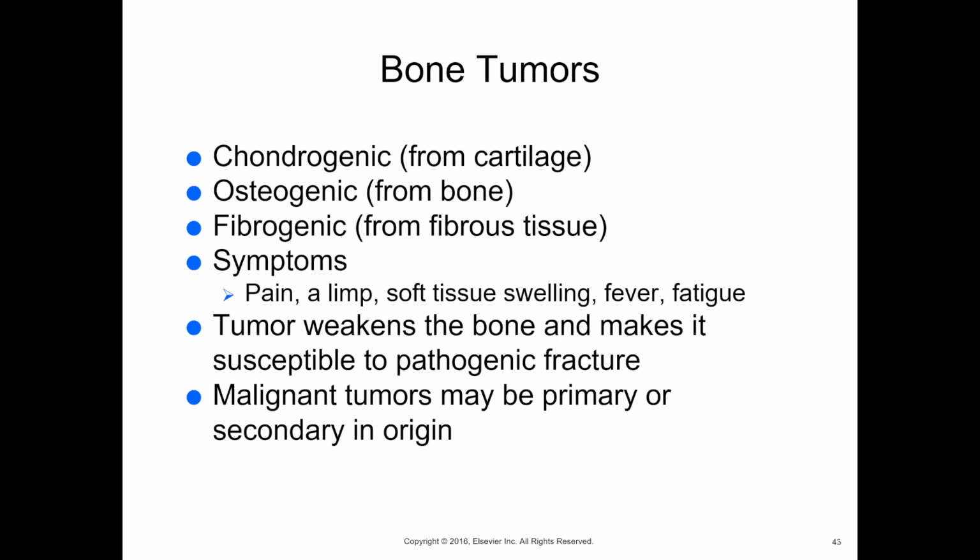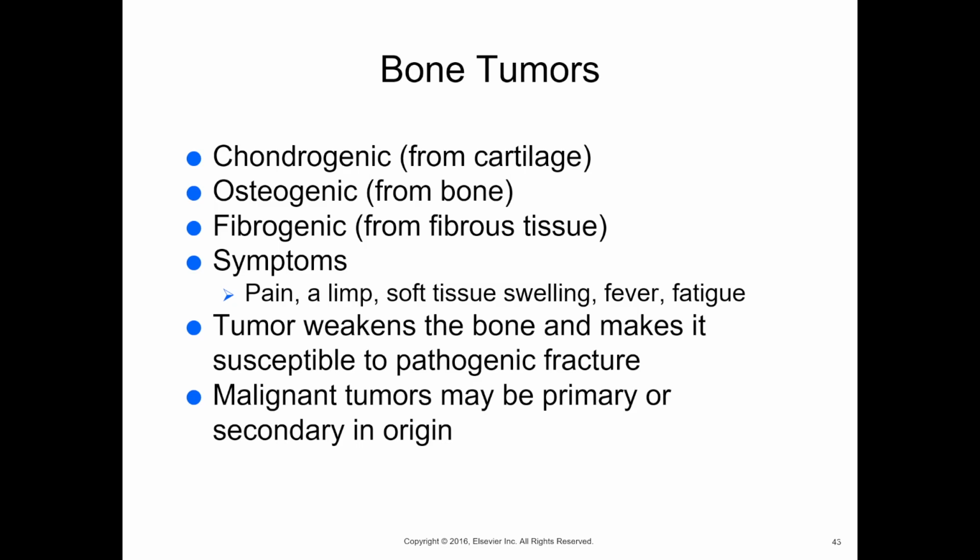Benign bone tumors, again, just like any other type of benign tumor, can be a problem, but they can also not be a problem. Some of them resolve on their own. The biggest concern with bone tumors is the replacement of functioning bone tissue with non-functioning bone tissue, leading to weak bone and potential for fractures.